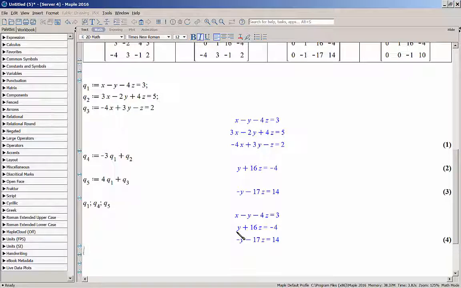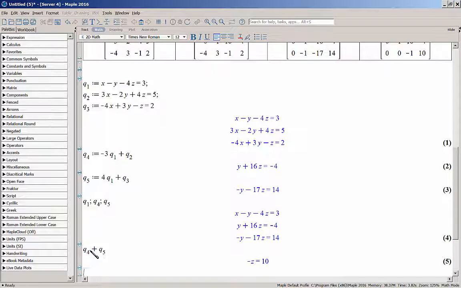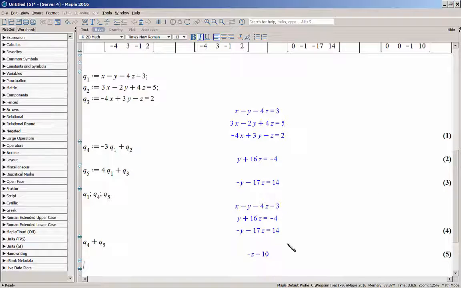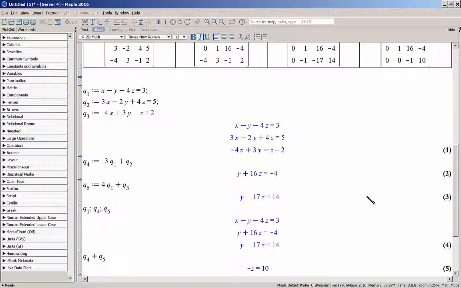And so we really want to add 1 times row 4 to row 5, or equation 4 to equation 5. So Q4 plus Q5. And that represents this row, -1 times the third variable equals 10.